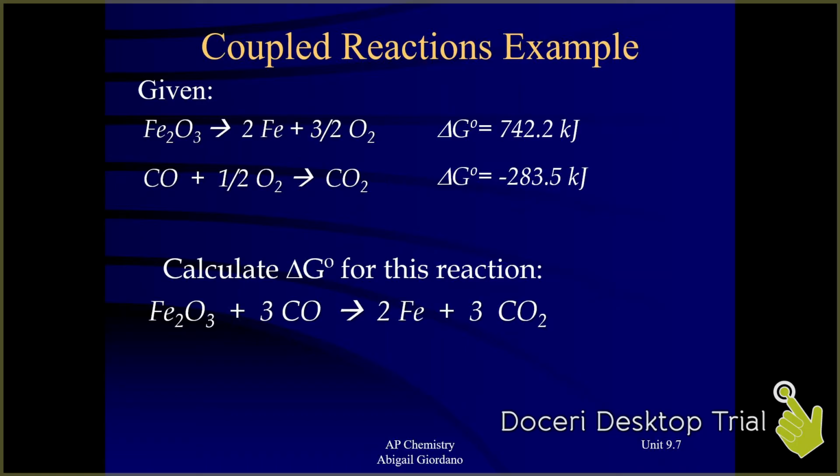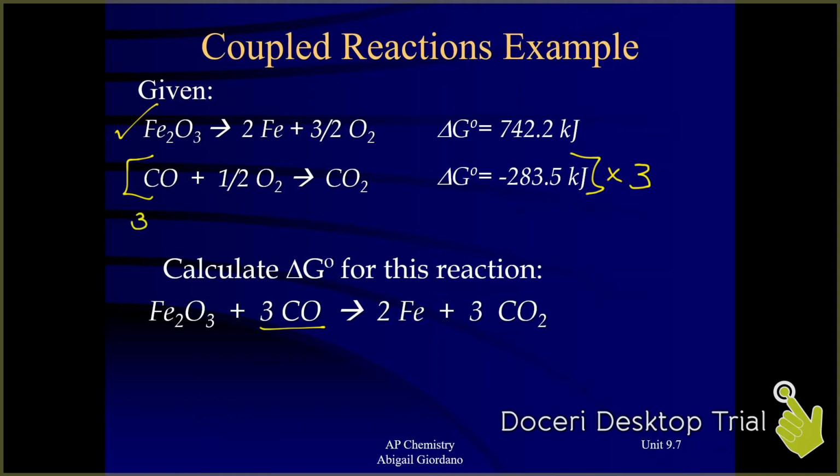This first reaction looks good the way it is. Now, 3 carbon monoxides. I've got carbon monoxide here, but it does not have the correct coefficient. So I'm going to need to multiply this whole equation and its delta G value times 3 to get those coefficients to work out.